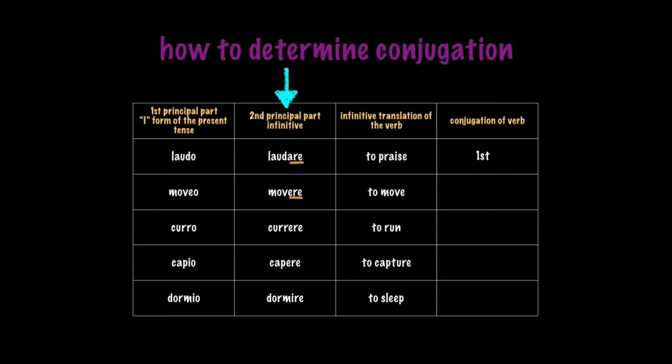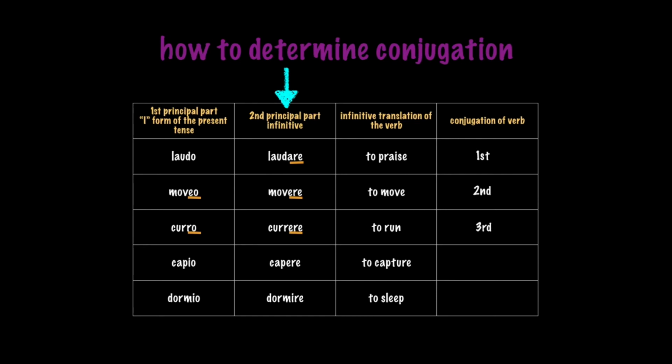Monere ends with -ere, but also notice that its first principal part ends with -eo. When you see that combination, you have found a second conjugation verb. If the second principal part ends with -ere, like currere, and the first principal part ends with -o, then you have found a third conjugation verb.